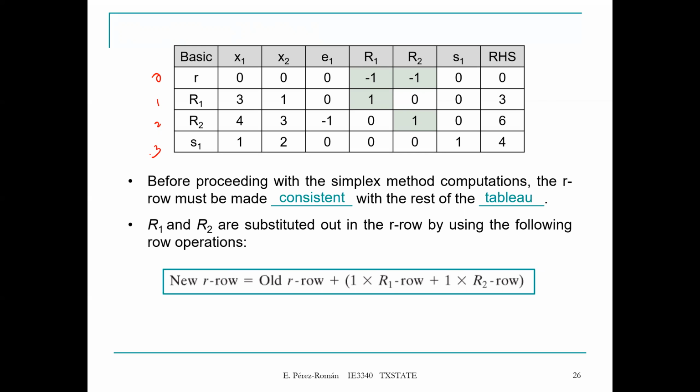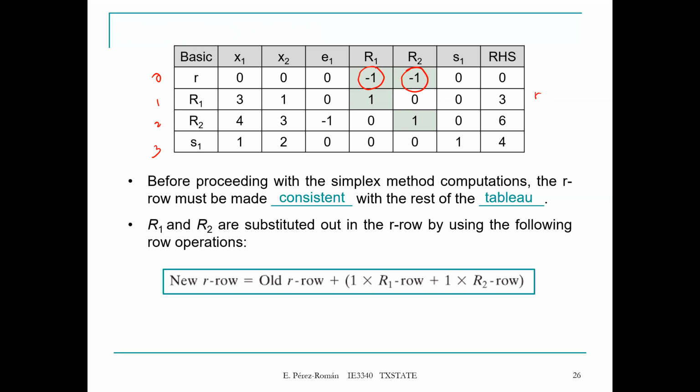The new R row is equal to the old R row plus 1 times R1 row plus 1 times R2 row. Basically, we want to make these coefficients equal to 0, so the tableau is consistent with the initial solution. And we do that by performing elementary row operations.